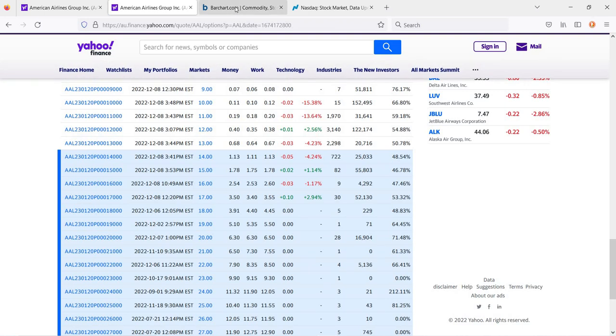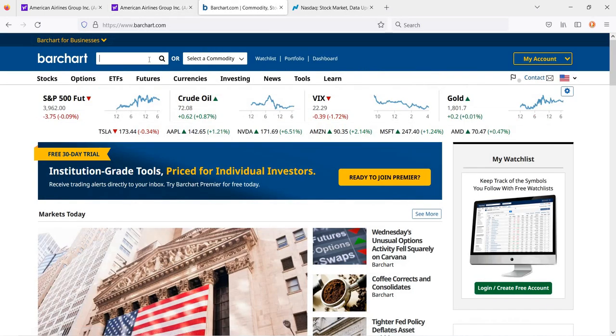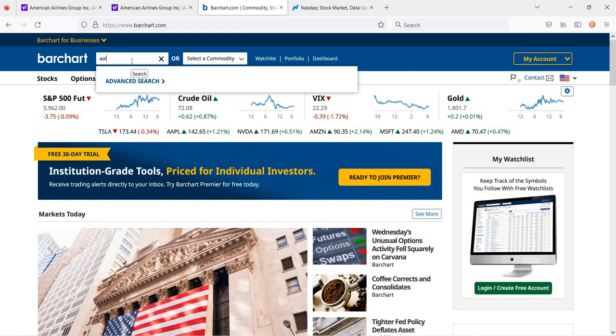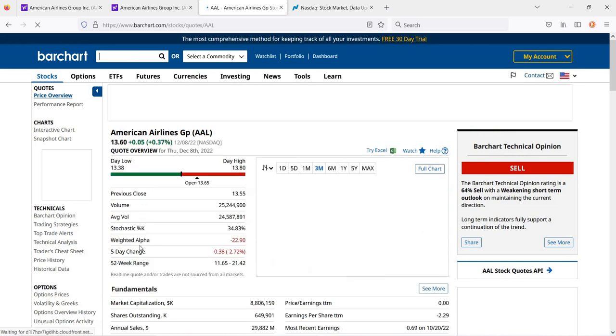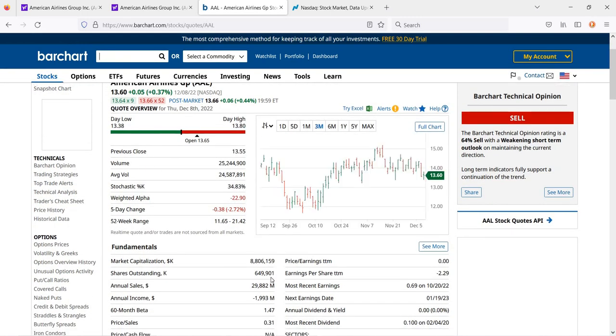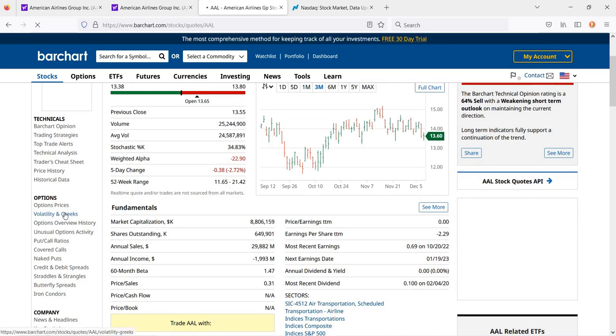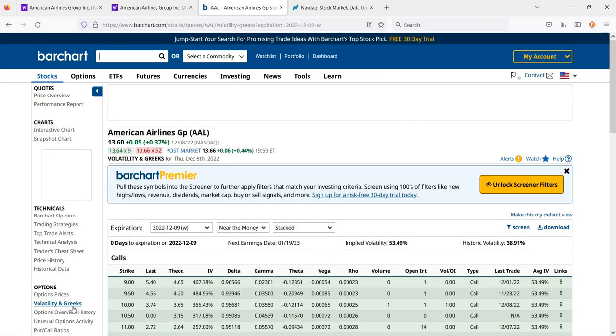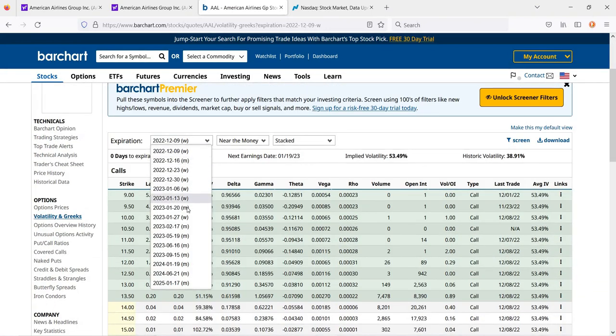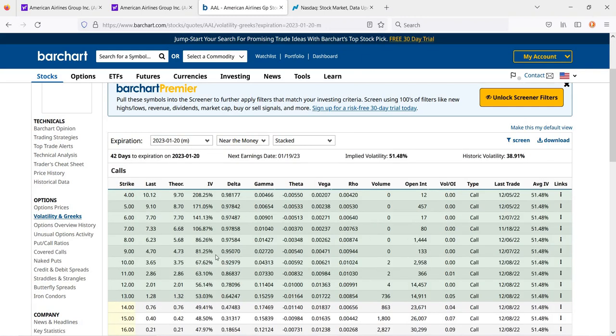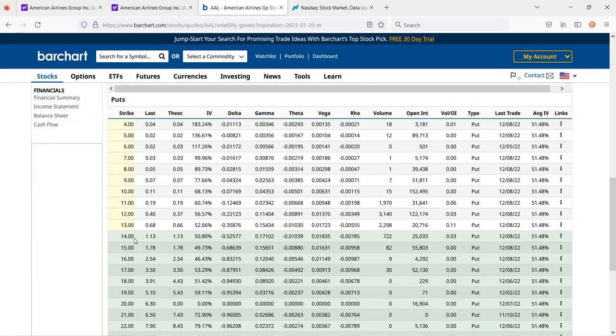And what would be the delta? That's another critical indicator that I look at. So I came across this website called barchart.com, and I signed up for their free account. I am currently testing it. I put in AAL. Once again, it gives you a bunch of information free of charge, and I click on options, volatility, and Greeks. This is where I also need to select the expiration that I used, and I go for my $14 put option.